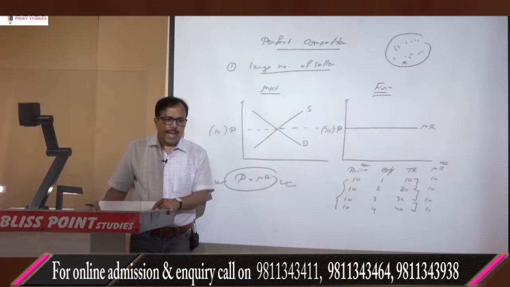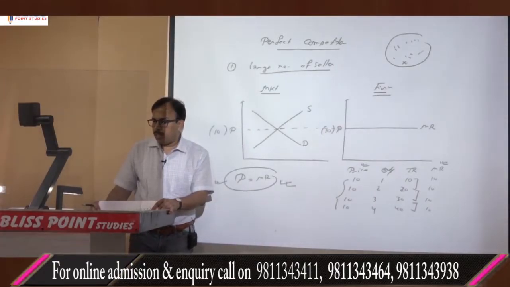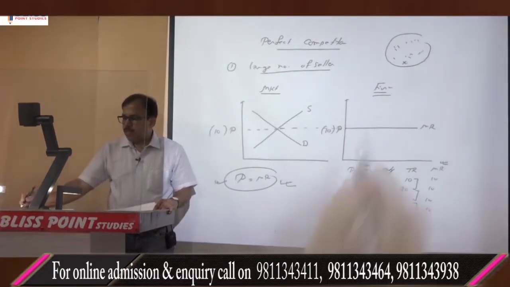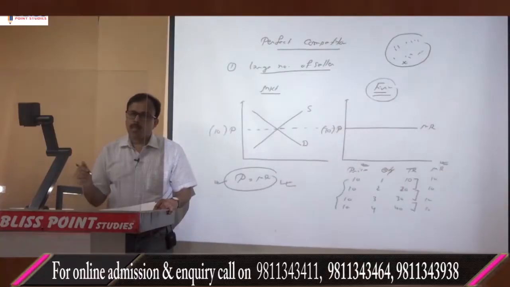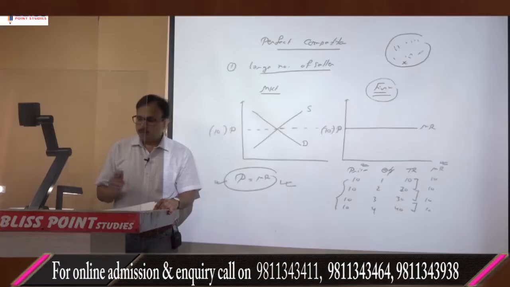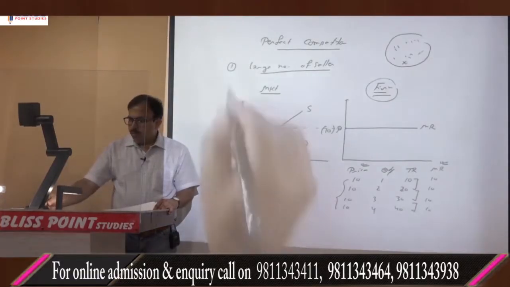So the firm acts as a price taker. Underline the word. So firms are price takers, they do not have any control over price. They have to decide only one thing: at that price, how much quantity they will produce. This is your first feature.